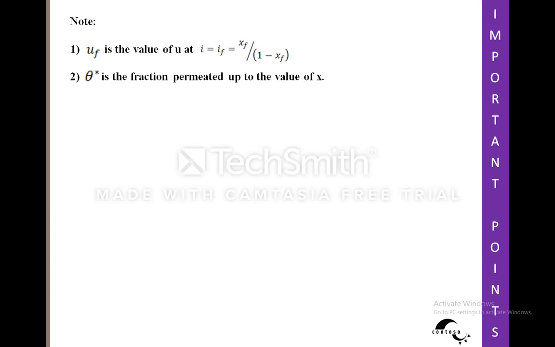And when you're talking about the end of the membrane, at the outlet of the membrane, your theta star is always equal to theta for a cross flow, because at the end your x is equal to x naught. That tells you that the total fraction is permeated at the outlet.